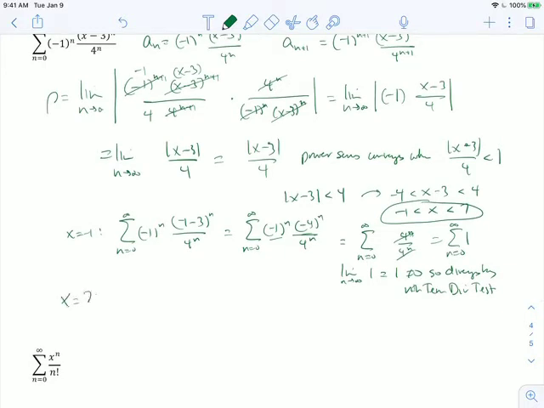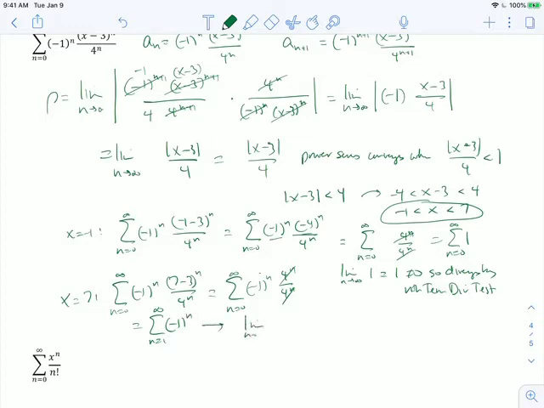For x equals 7, I get the summation from n equals 0 to infinity of (-1)^n (7 - 3)^n over 4^n. So I get (-1)^n 4^n over 4^n. That cancels, leaving me with just (-1)^n.